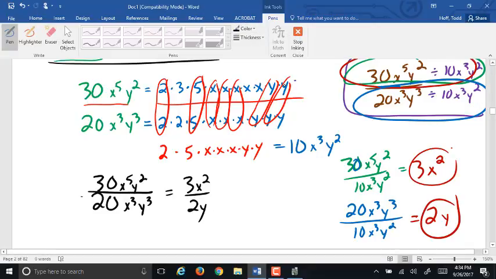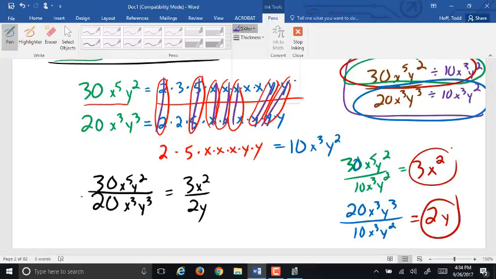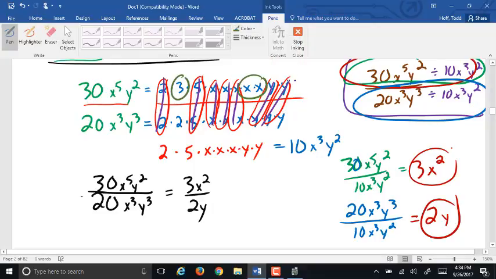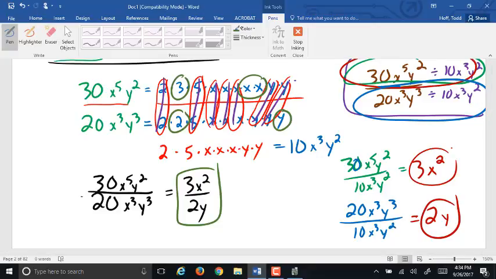The reason being is what we crossed out when we were just canceling out factors was that greatest common factor, and it left us with 3 times x was 3x squared, and 2 times y was the 2y. So canceling out those common factors is the same as just dividing out that greatest common factor to reduce the fraction. So we can use this factoring to find that greatest common factor.